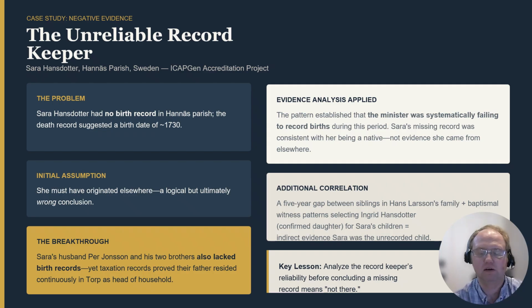Even though the parish records appeared to be actively kept, I was able to demonstrate unreliability, thus opening the possibility that they could have been born there. So five minutes of research that took many, many hours.